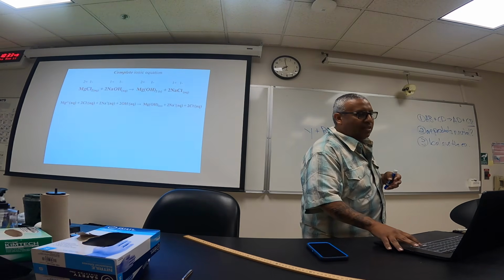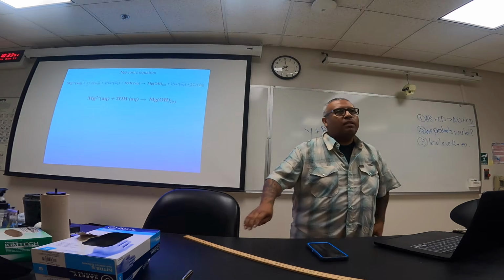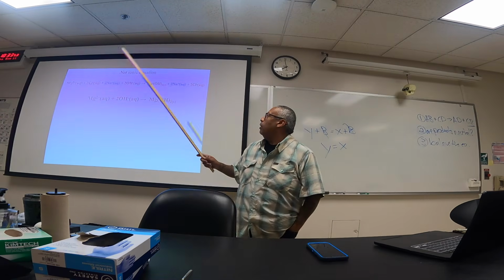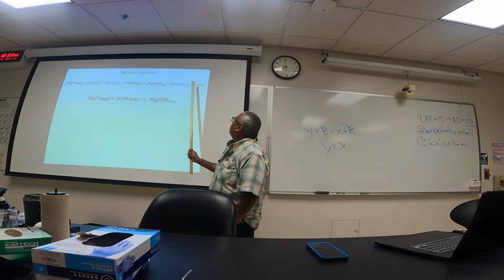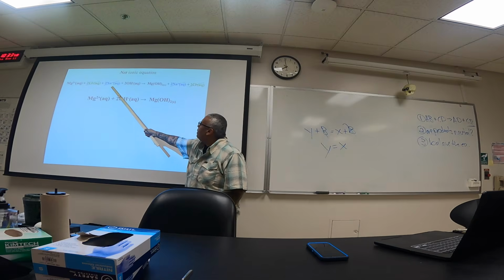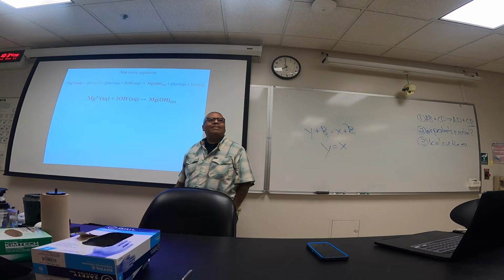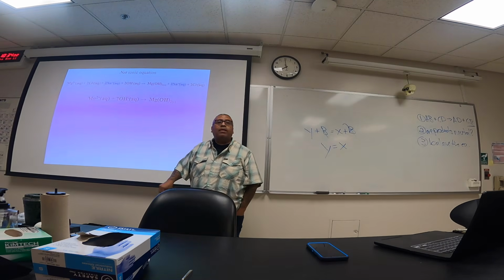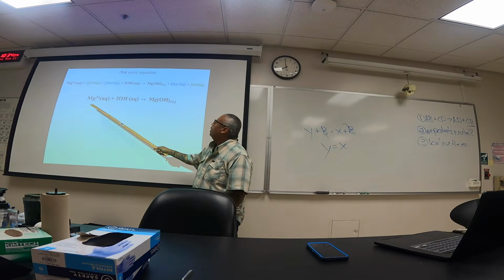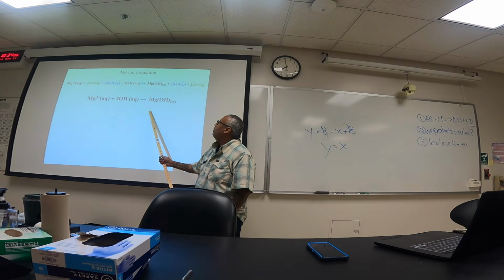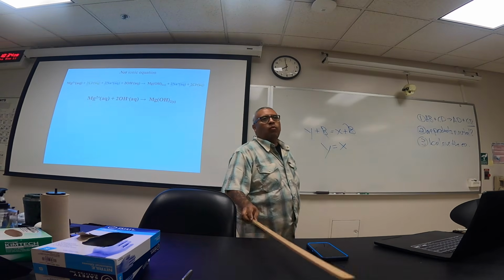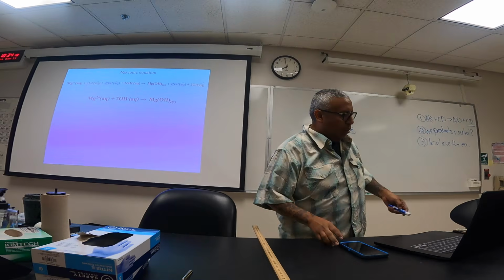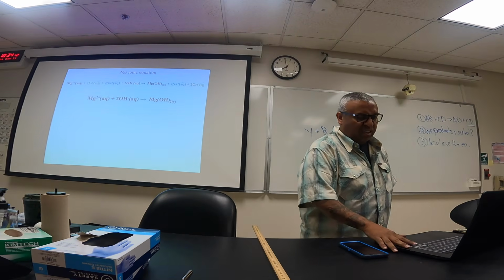So anything that's not needed can simply just be crossed out, right? If this I can cross out, this and this I can cross out, and then everything that you don't cross out, this is what we consider the net ionic equation, right? Anything that we didn't cross out is the net ionic equation.